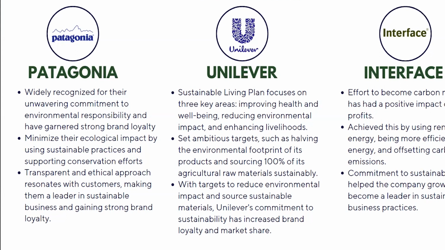It's actually a long-term strategy that aims to halve the environmental impact of its products by 2030. And the plan has three pillars. They focus on health and well-being, reduced environmental impact, and also enhanced livelihoods.